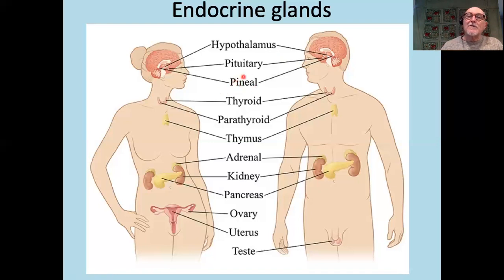But I'll tell you a couple of interesting things about the pineal. When you section it and look at it, it looks like a little eye. It has almost what look like retinal tissue and various other features, which make us believe that it was actually derived from an organ, something like an eye.